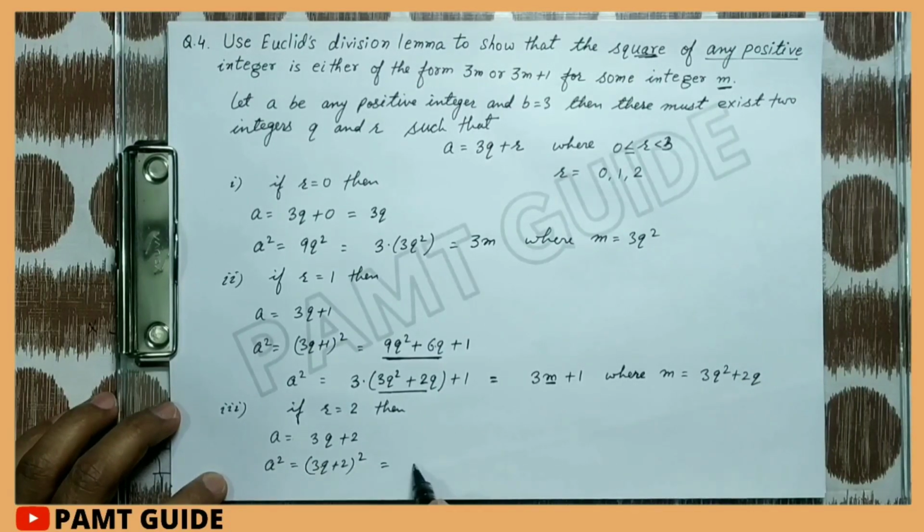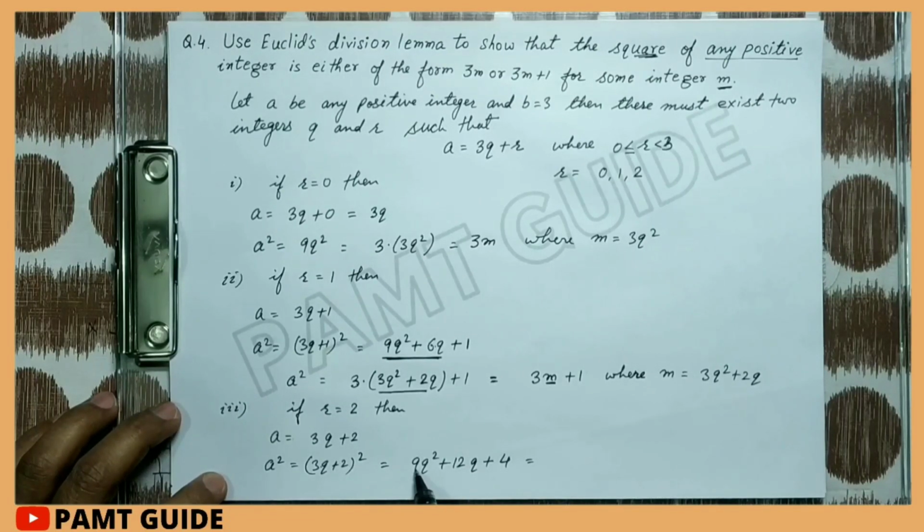Then a square means 9q square, 2ab, 2 3s are 6, 2 6s are 12, so 12q, plus 4. If we take 3 as common, we can take it from 9q square and 12q, but not from 4.